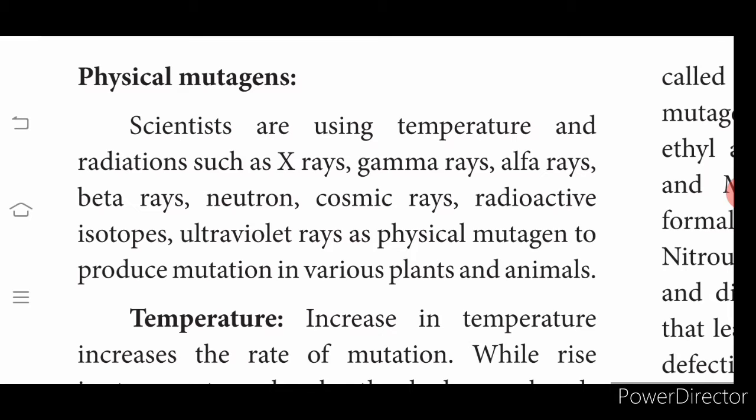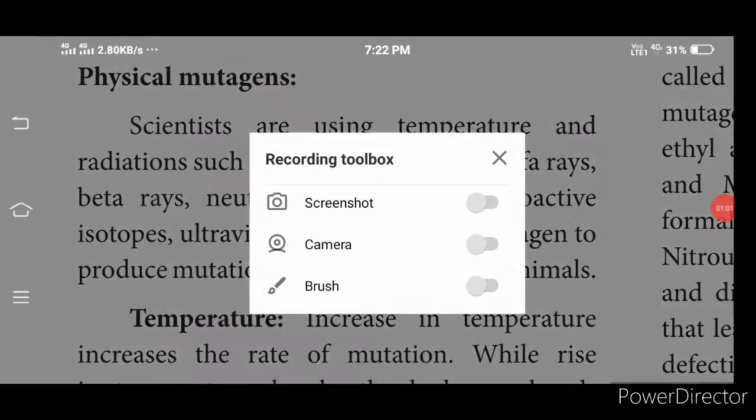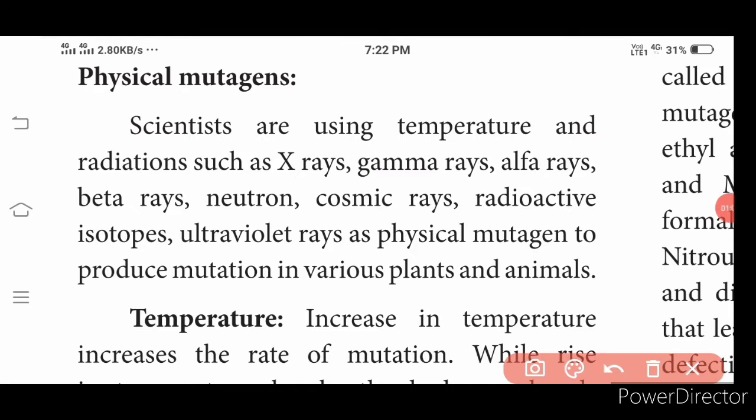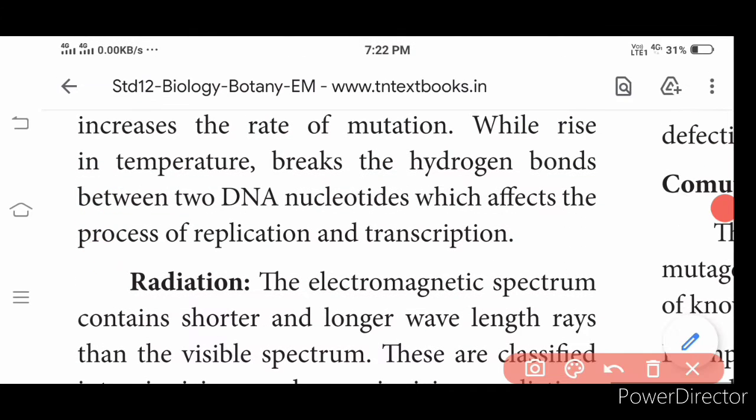Radiation can be X-ray, gamma ray, alpha ray, beta ray, neutron, cosmic rays, etc. An increase in temperature can also increase the rate of mutation, because the rise in temperature may break the hydrogen bonds between DNA nucleotides. That results in mutation.